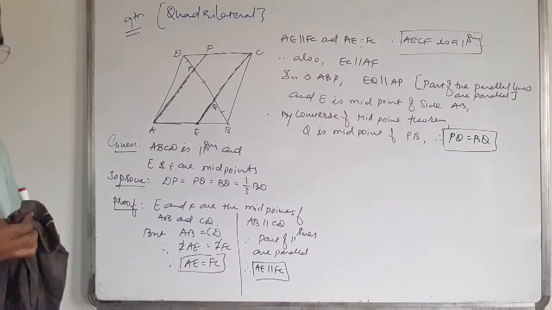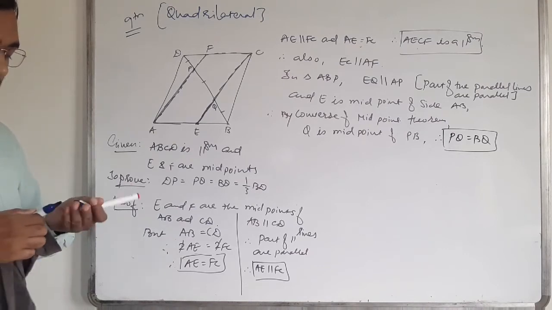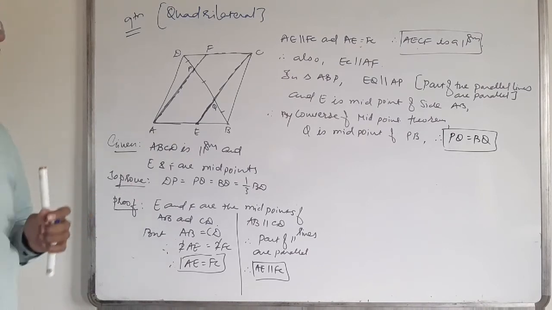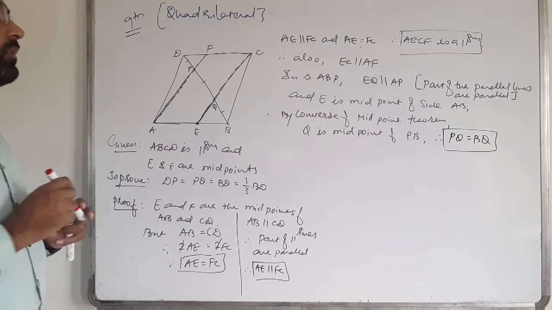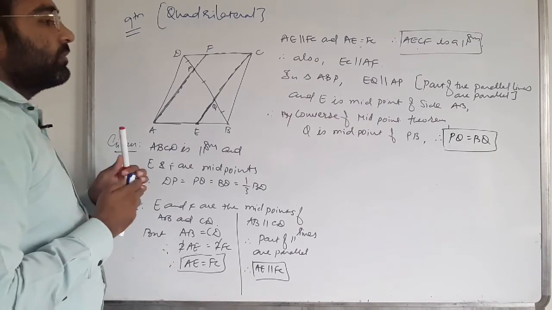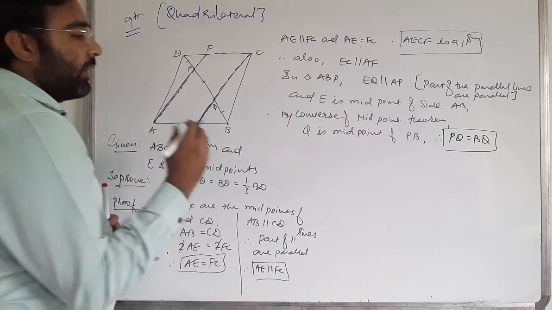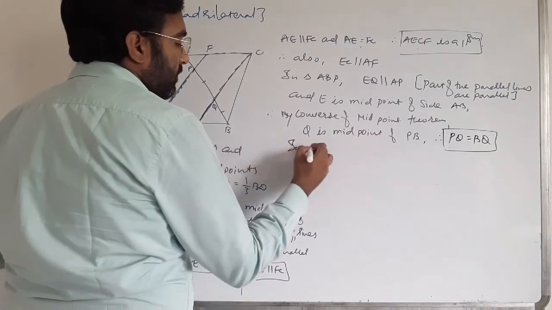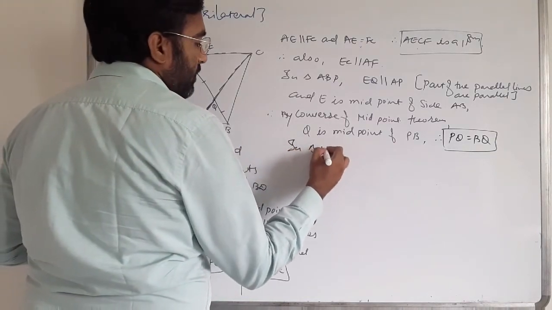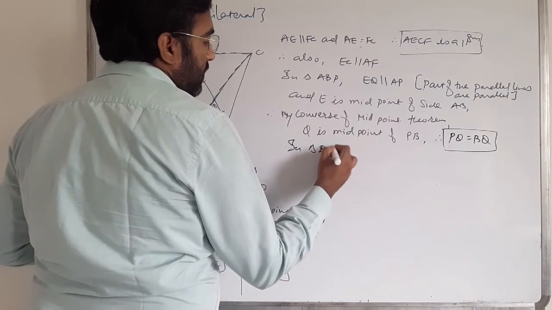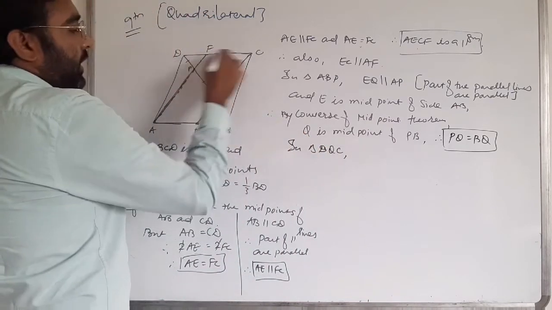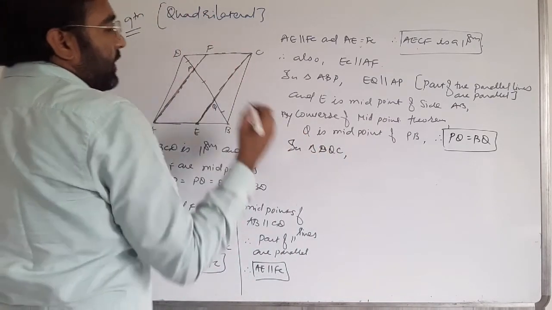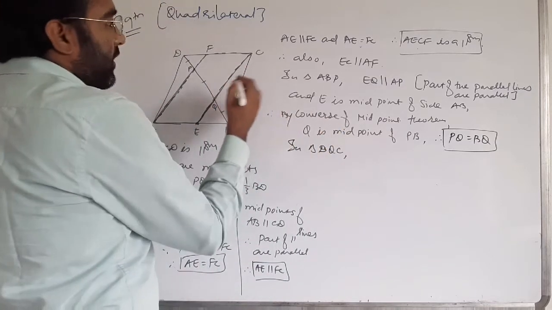Now for triangle DQC, in triangle DQC, F is a midpoint and PF is parallel to QC.